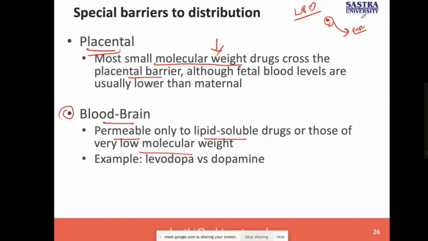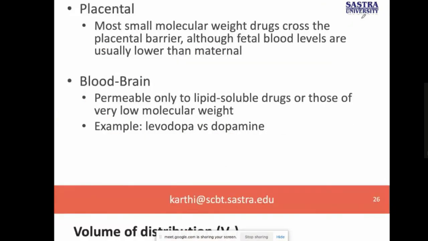That is the reason why during pregnancy the doctors will not recommend certain drug molecules, because they know very well which molecules are smaller in size and can cross this placental barrier, transferred from the mother to the fetus. These are two special types of barriers, right?